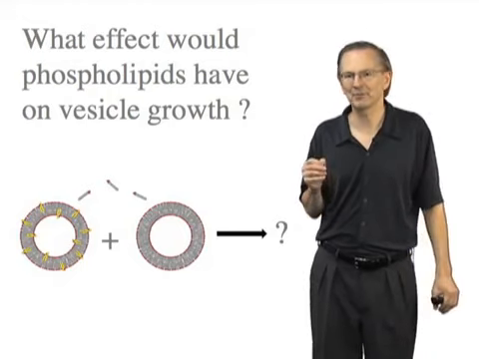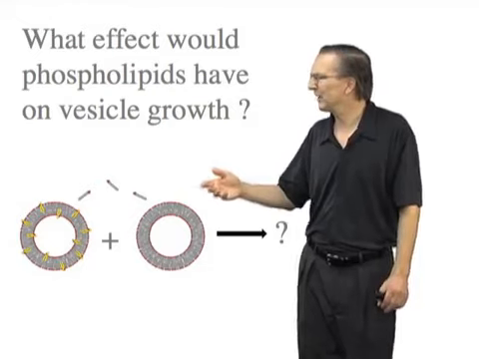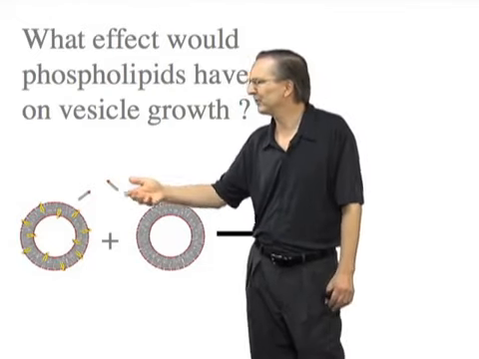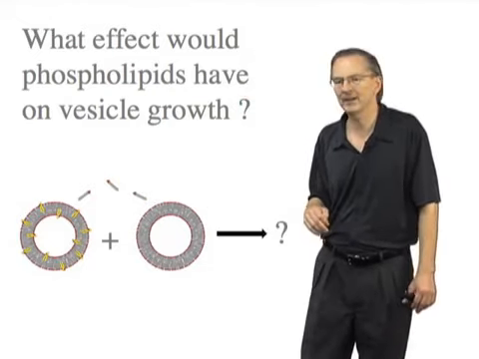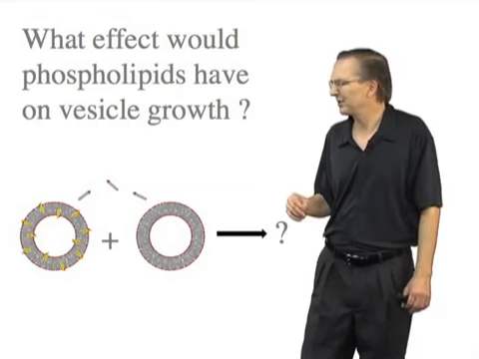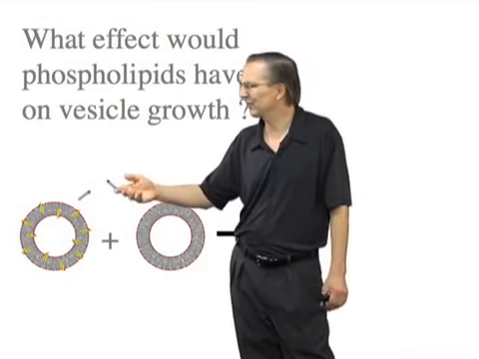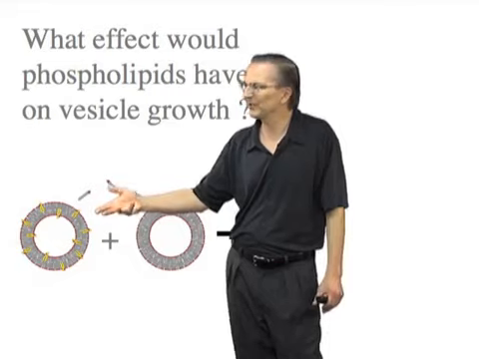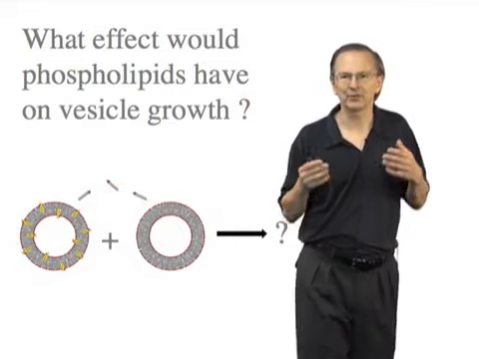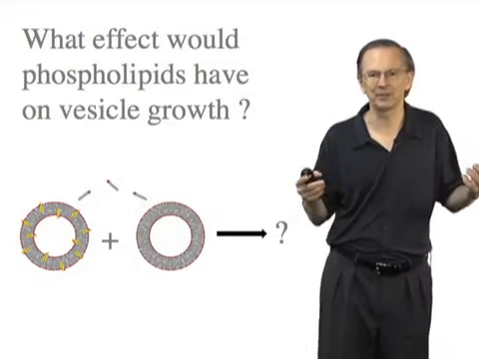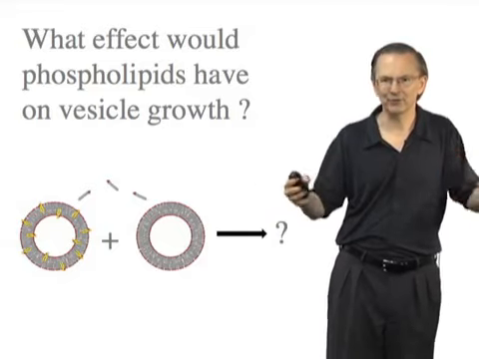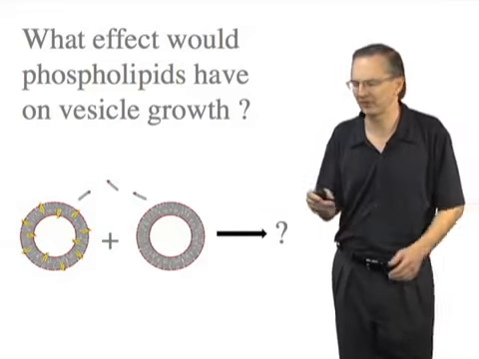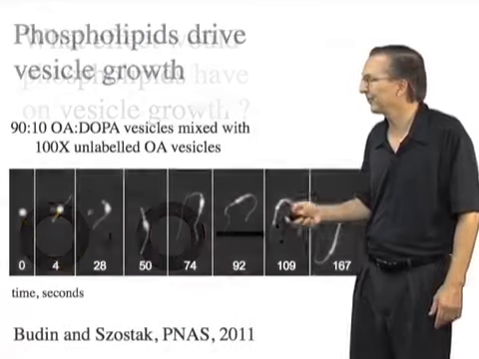And what turned out to be particularly interesting is what happens when these vesicles are mixed with pure fatty acid vesicles. And it turns out, as you can see on the next slide, that even a little bit of phospholipid confers a really dramatic ability on that vesicle to absorb fatty acids from its neighboring fatty acid vesicles.